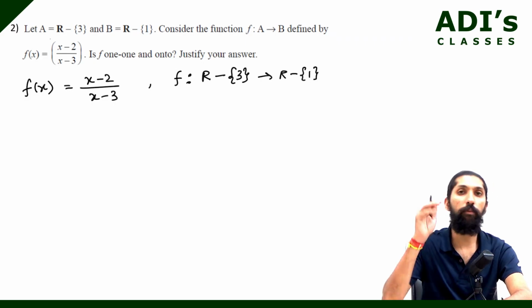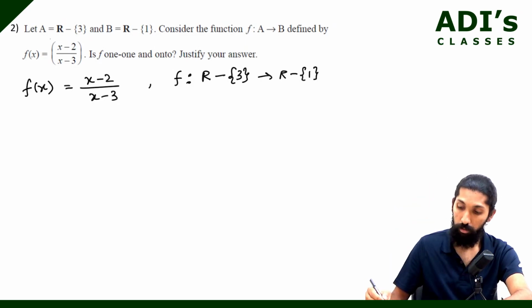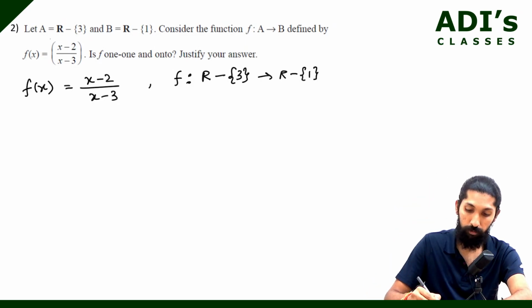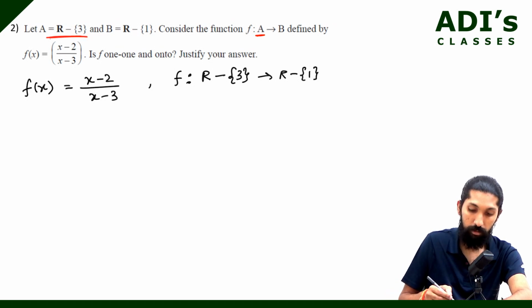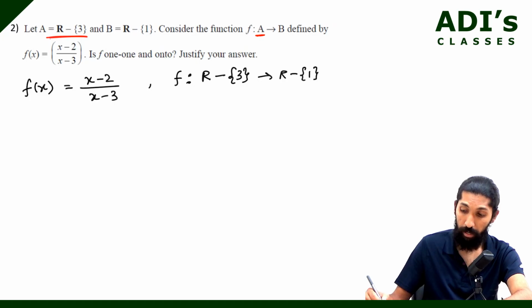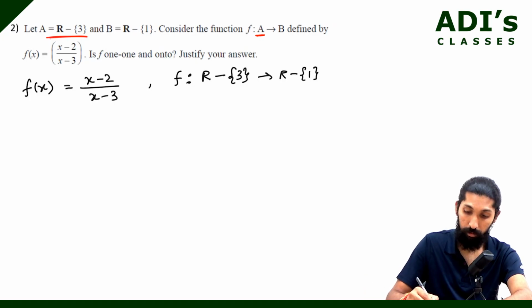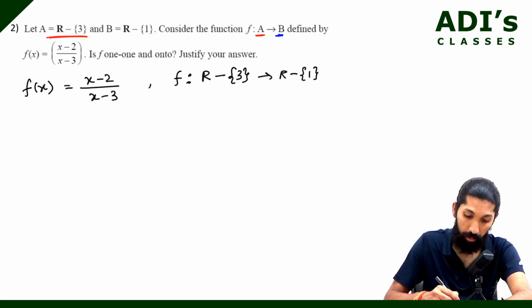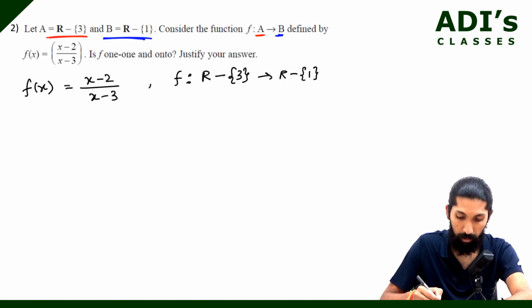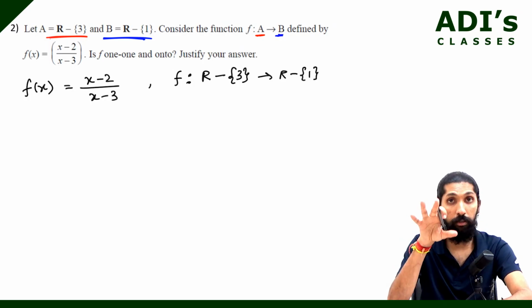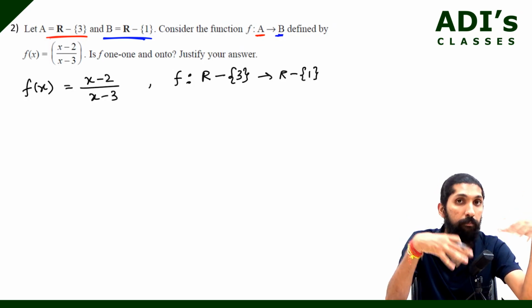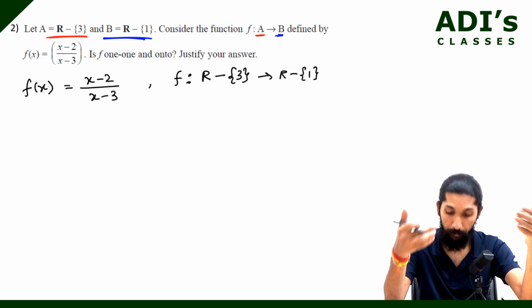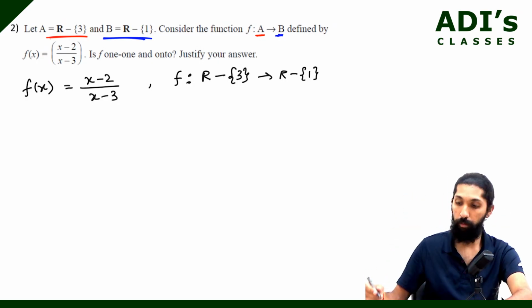You know why we wrote it this way? Because look at what is there in the question. F is from A to B, and A is the domain, B is the range, and they are given by this. Now that we have a particular domain and range, we can write it this way. Both are one and the same, isn't it?